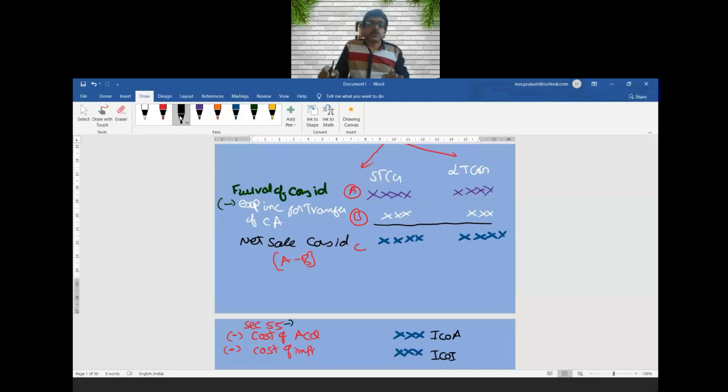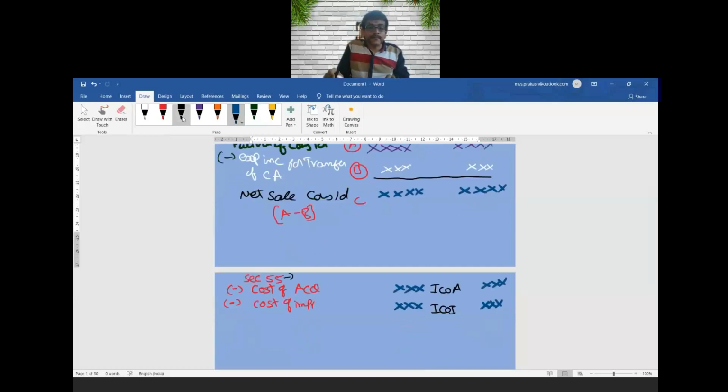So here you will get the indexed cost of acquisition and the indexed cost of improvement. Then this difference: net sale consideration minus cost of acquisition minus cost of improvement, or net sale consideration minus indexed cost of acquisition minus indexed cost of improvement.